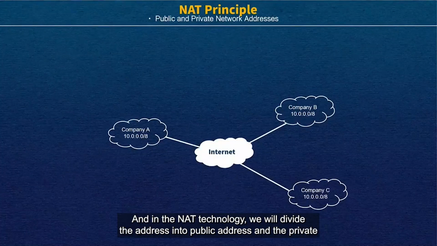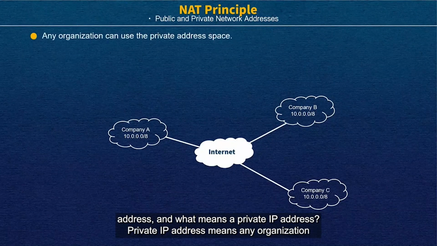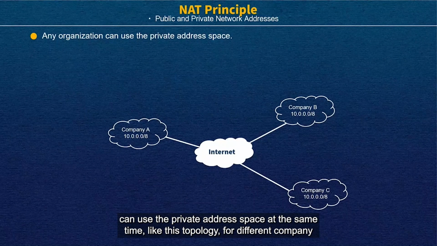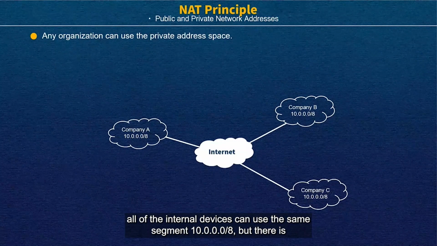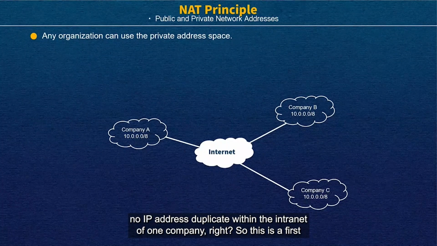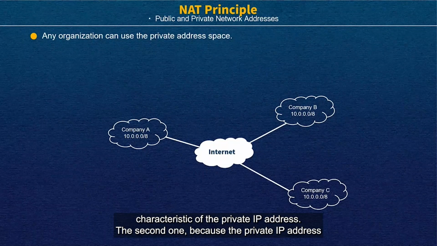And in NAT technology, we divide the addresses into public addresses and private addresses. And what does the private IP address mean? Private IP address means any organization can use the private address space at the same time. Like in this topology, different companies can all use the same segment 10.0.0.0/8, but there is no IP address duplication, right? So this is the first characteristic of the private IP address.